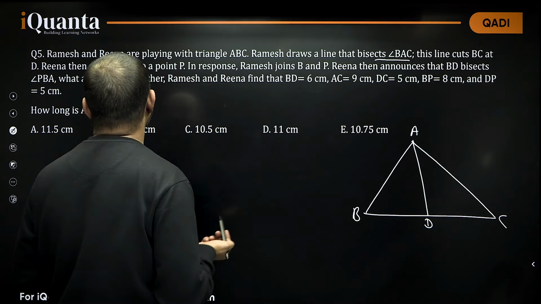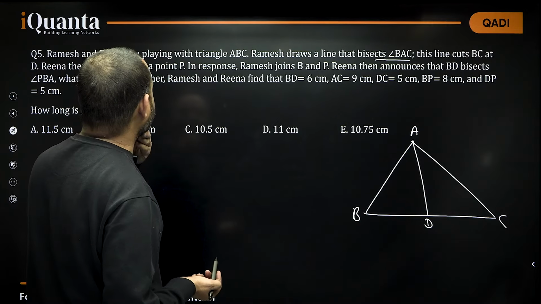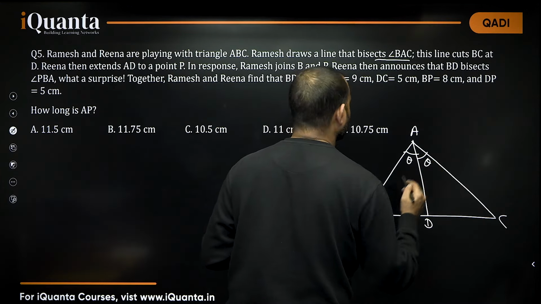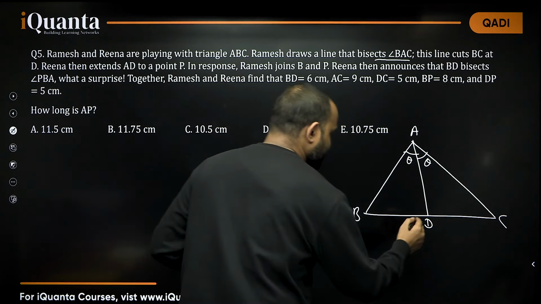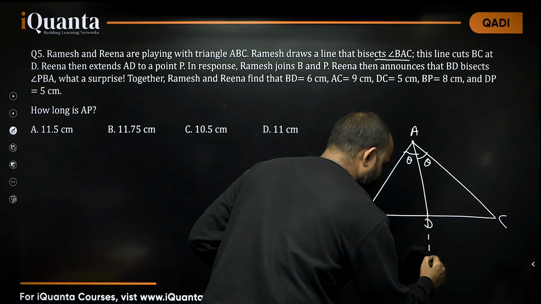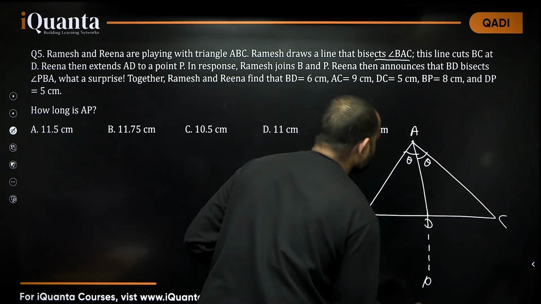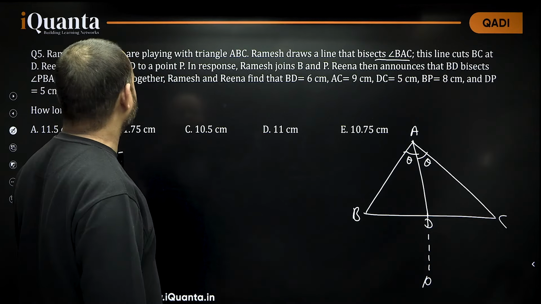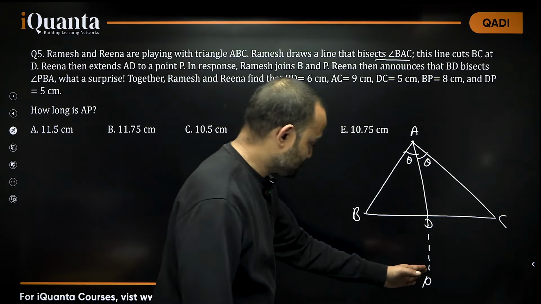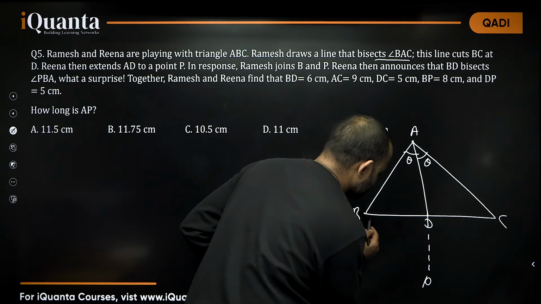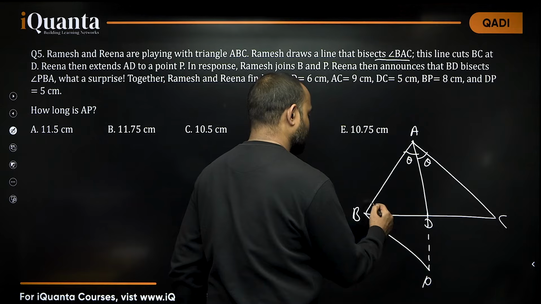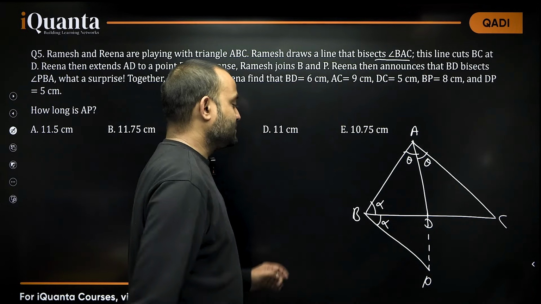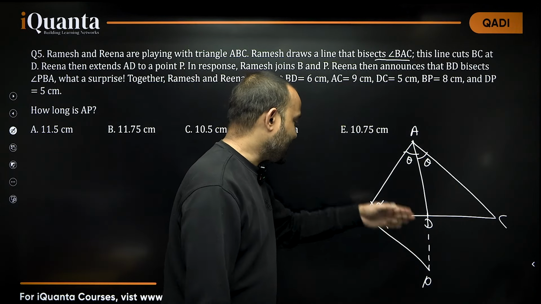Now it says then extended. Reena then extends AD to a point P. So this is the angle bisector, right? Now if we extend this to P, something like this, this point is P. Reena then announces that BD bisects angle PBA. Okay, let's join this. So BD is the angle bisector of angle PBA.